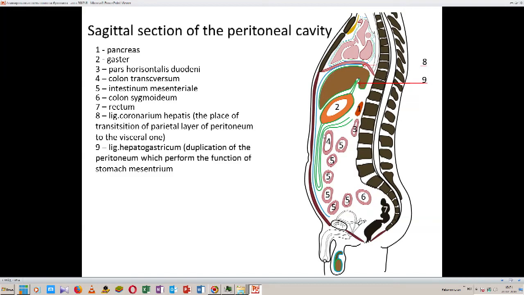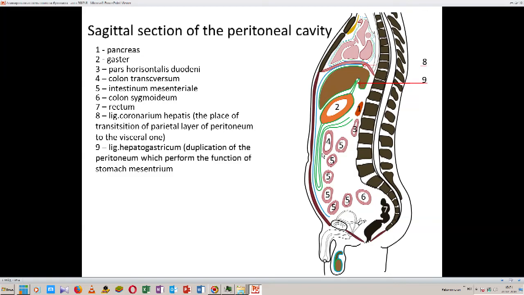So we can find here four sheets of the peritoneum. What is it? Sure, it's omentum majus.